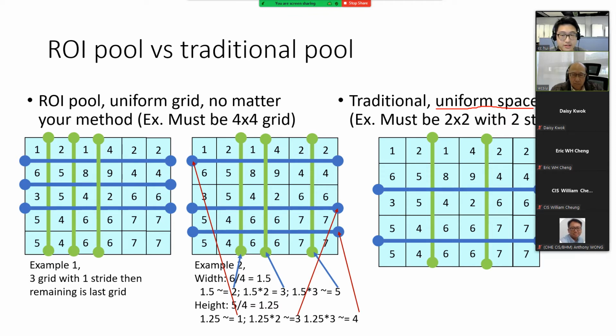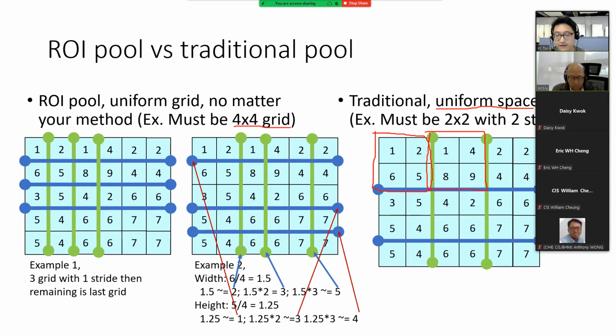Here the example is 2 by 2 with 2 stride, so it will look like this, and you can see every single grid here is the same size. But in ROI pooling, because we want a unified output, no matter what your method is, you must give the same output and you must have the same grid.